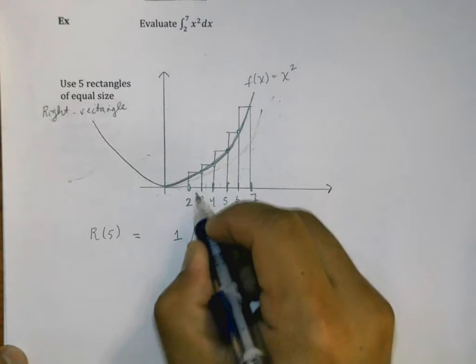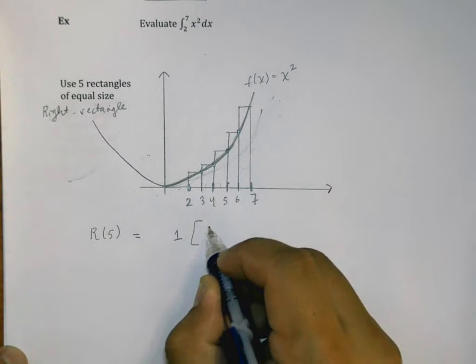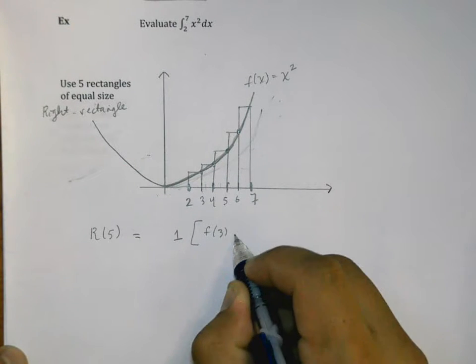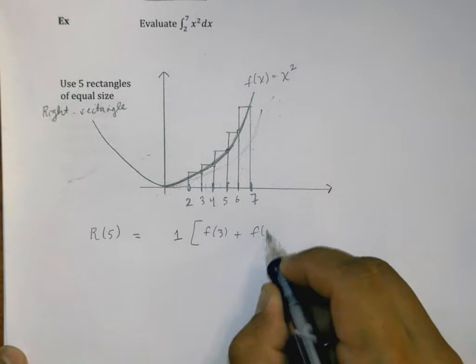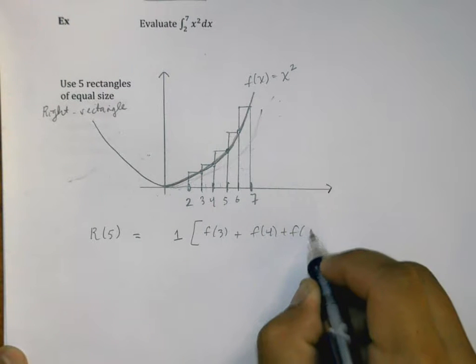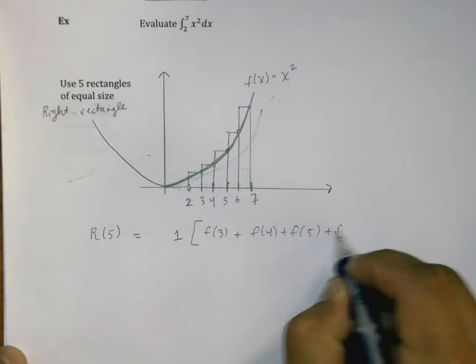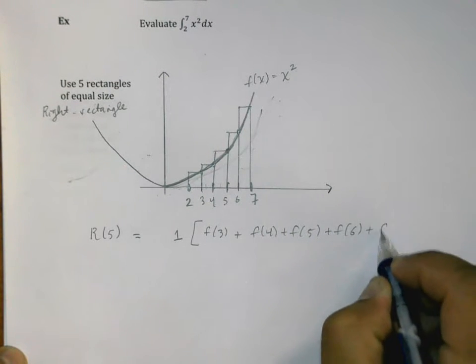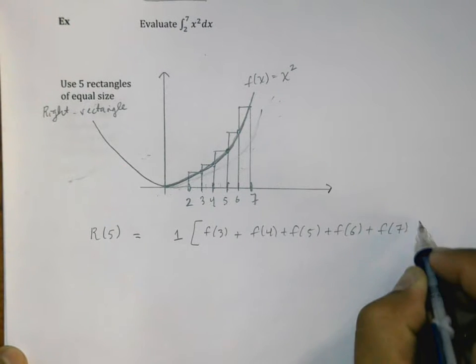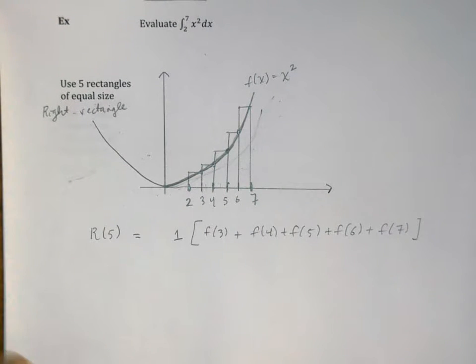The first height here is f of 3 plus f of 4 plus f of 5 plus f of 6 plus f of 7. Now we're not going to compute this because I'm not actually interested in the computation of the estimate. We've done this already. I know all of you can do this. But what we're interested in is generalizing this idea.